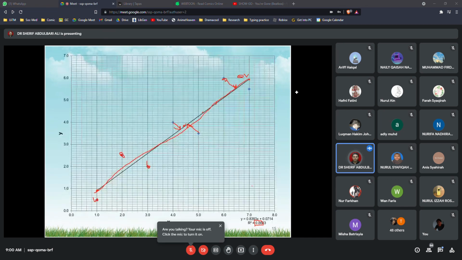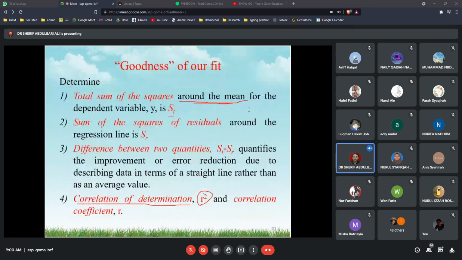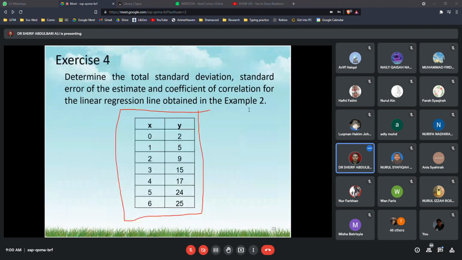You already have the A naught and the A1. So could you please continue to find the value of R squared, Sy over x and Sy, and find the St.